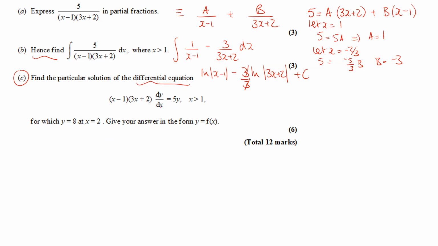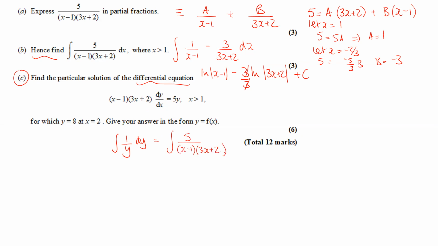We need to get all the y's on one side and all the x's on the other side. So times both sides by dx and taking the y down, you're going to get the integral of 1 over y dy is equal to, we need to leave the 5 on the other side because then we bring those brackets down.